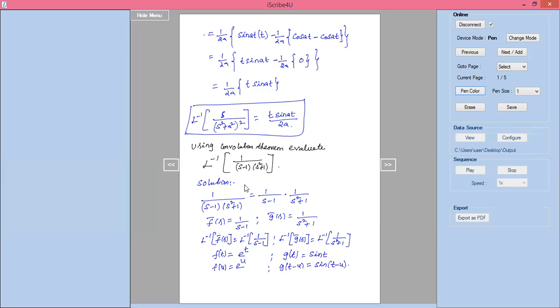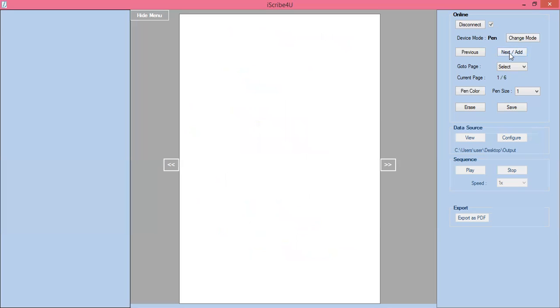Now I can apply the convolution formula.